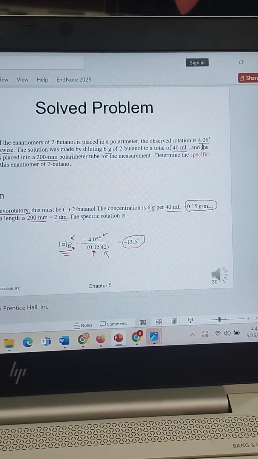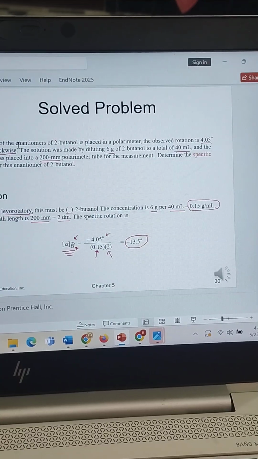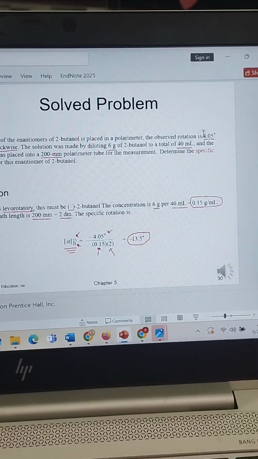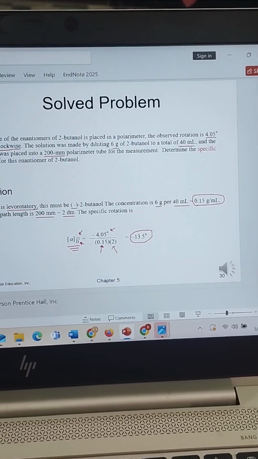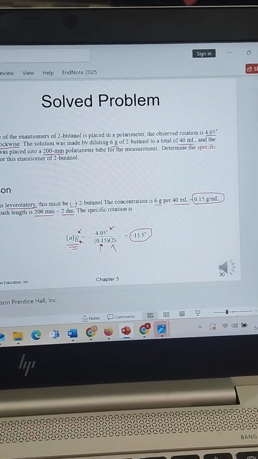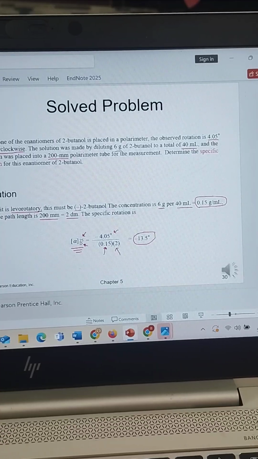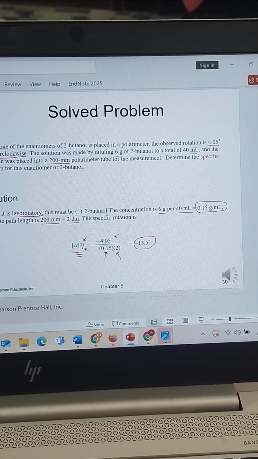The observed rotation is 4.05 degrees: we have a solution of the enantiomer 2-butanol placed in a polarimeter, and it rotates the light by 4.05 degrees in the counterclockwise direction. Counterclockwise means this could be the S configuration, so we will call it levorotatory.